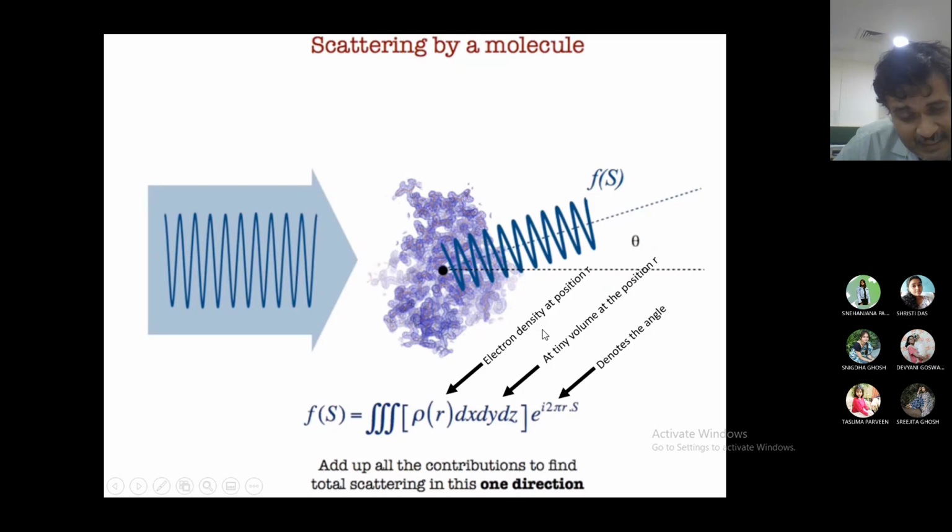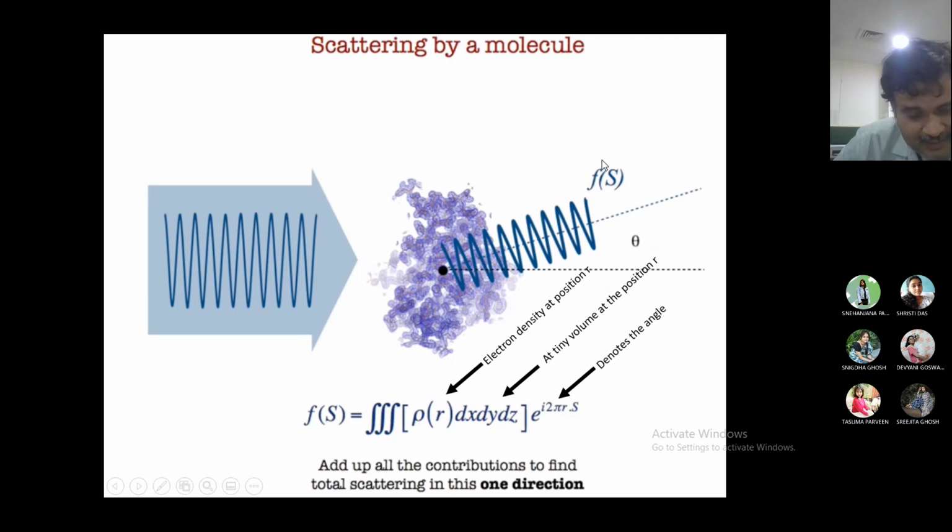It has a contribution for each point. This is the electron density function for that particular point. This is the volume function, and this R denotes the angle at which we are measuring the intensity. Then we make a summation of all the intensities coming from all parts of this molecule, and that adds up to the total intensity that is falling at this location. Okay.